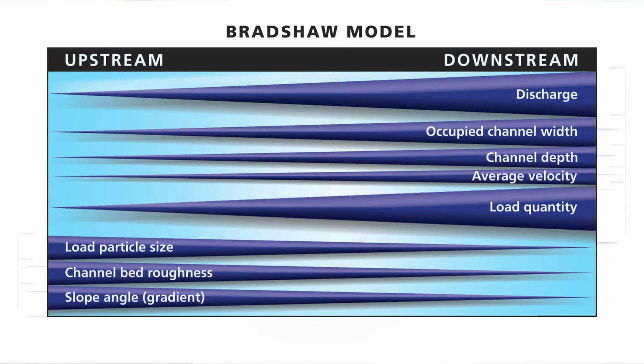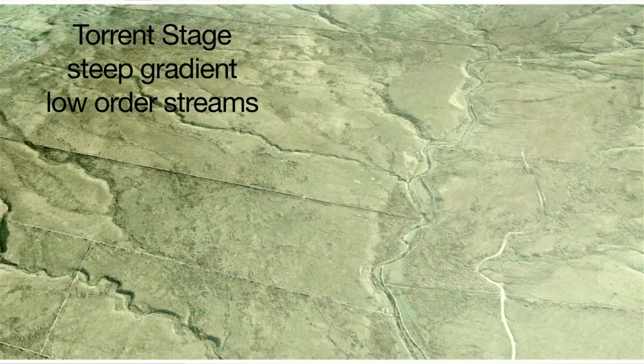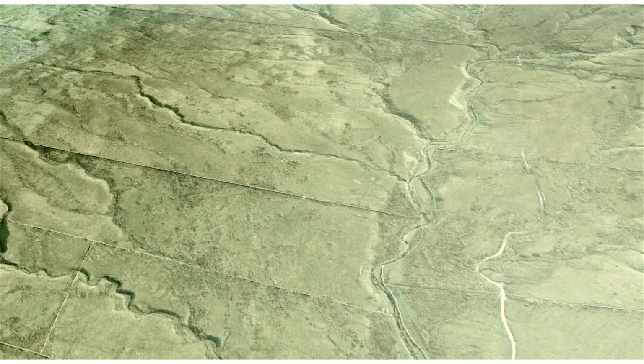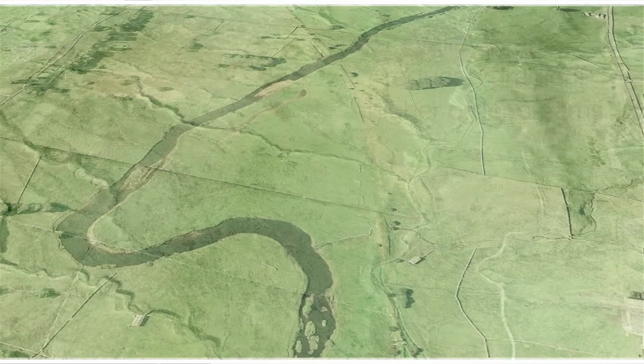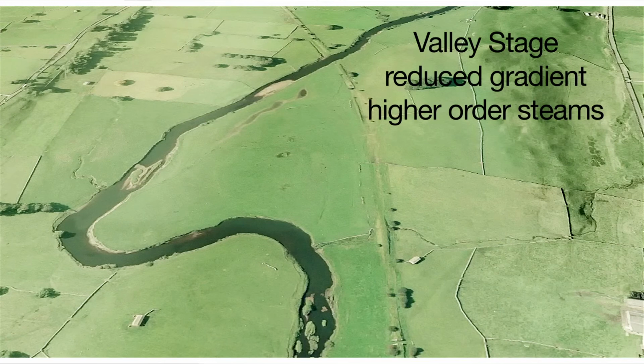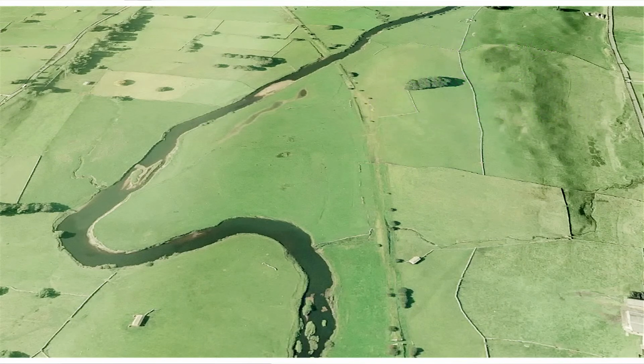Slope angle. Posh word for slope angle, gradient. This is the steepest gradients of the river. And as we go down river from here, the gradient is going to get less. Remember your long profile. But as we go down the river, some other things do happen.